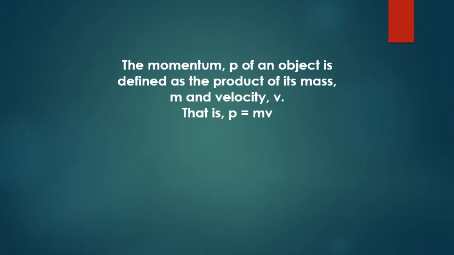So if we consider a situation in which a car whose battery has died is to be pushed along a straight road to give it a speed of 1 meter per second, which is sufficient to start its engine.